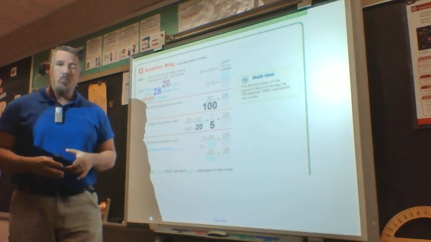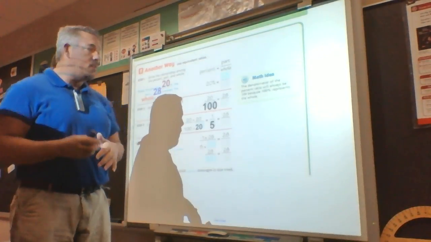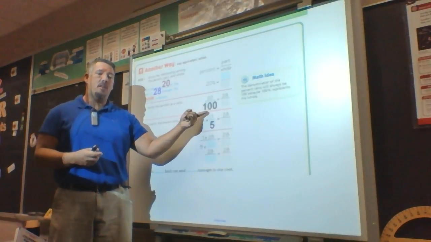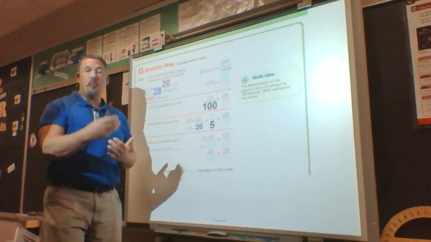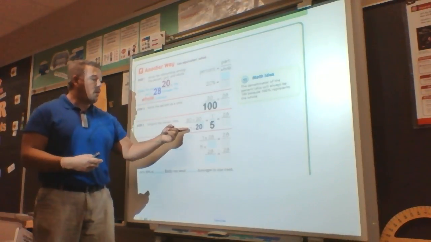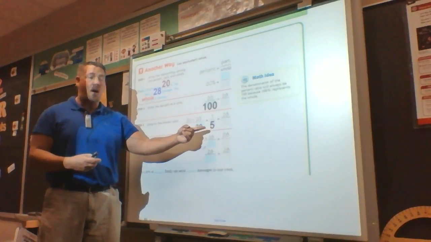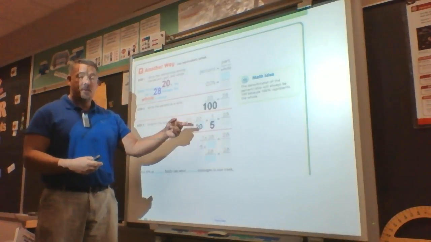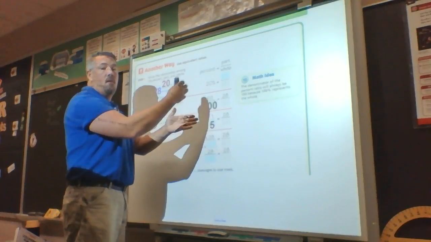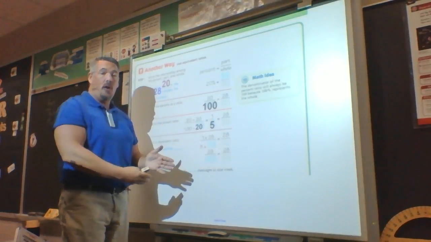So what they're ending up with is a unit rate. It's just upside down, because they thought, if I get 1 in my denominator, then that's going to make my math easier. And there's nothing wrong with that, because if I take my 100 divided by 20, I get a denominator of 5, and I divide 20 by 20 and I get 1. Multiplying 1 by 28 gives me 28.